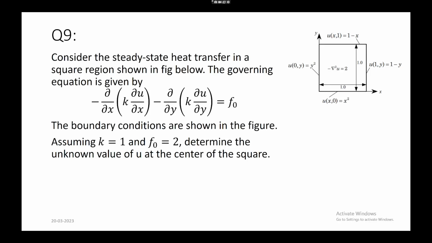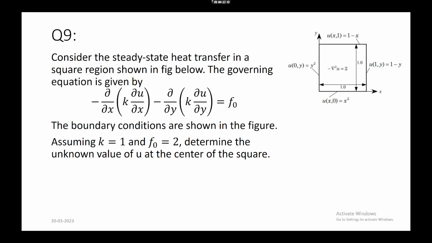So if I reconsider, I can do the numbering like this. Because we are no more dealing with this, we are simply dealing here, right? So in this only u3 is an unknown variable, the rest of the u are known because of the boundary condition. So here what is u6? 0.